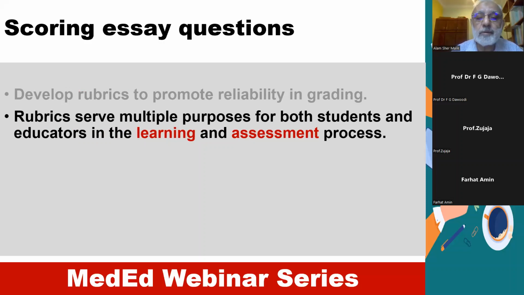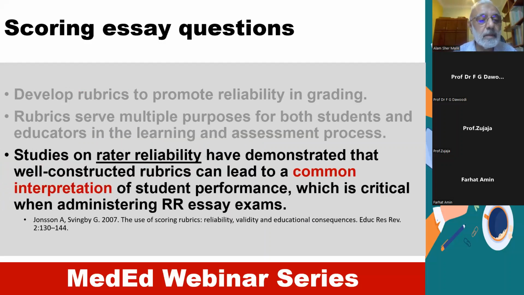Rubrics serve multiple purposes for both students and educators in the learning and assessment process. This is an important aspect in which the rubrics can help both the students and the assessors. Studies on rater reliability have demonstrated that well-constructed rubrics can lead to a common interpretation of student performance, which is critical when administering a restricted response essay exam.